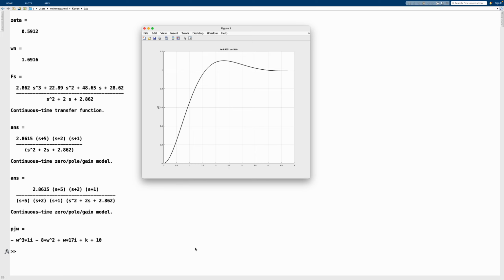So what does it mean? Well, if you think about it, we actually have sigma plus j omega in the s domain. And if we restrict it only onto s equals j omega, it means that we don't have a real part. We will end up on the imaginary axis of the s domain.